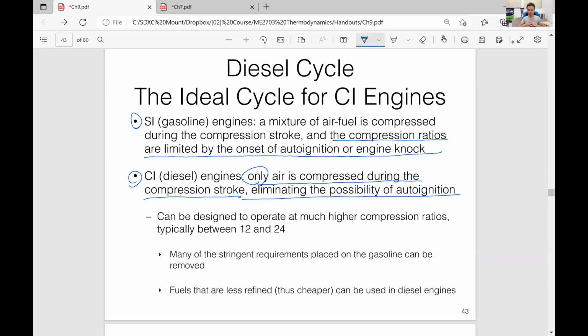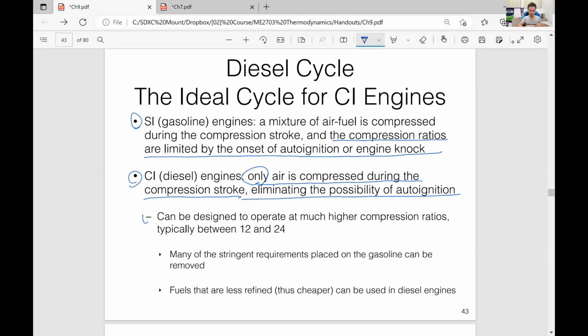Even if you use, for example, a compression ratio of 100, what you are compressing is just air. Air is not going to burn. Air is not going to explode. So it's fine, we can use a very high compression ratio.